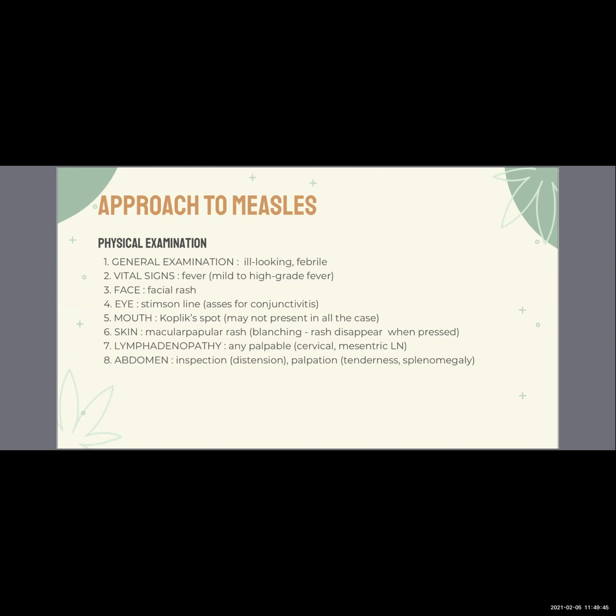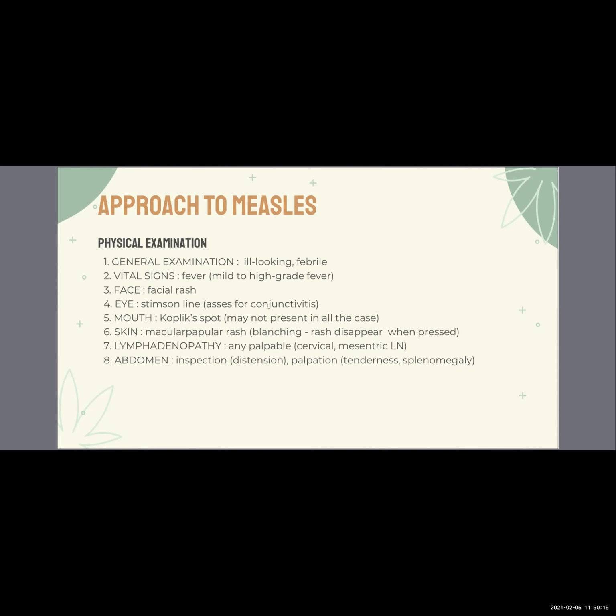Then in face examination, we look for facial rash, and in the eye, we look for Stimson line to assess for conjunctivitis. Then we can look for Koplik spots, but they may not be present in all cases, even though they are pathognomonic. The absence of this sign cannot exclude the diagnosis.